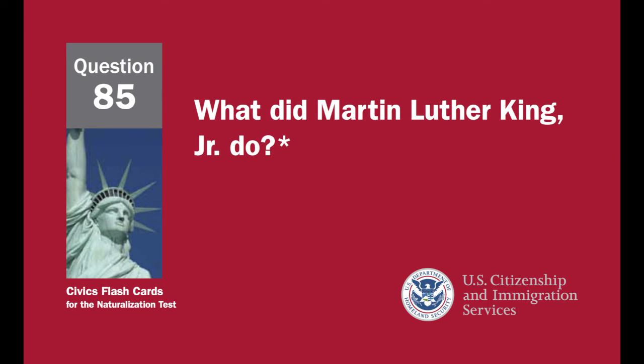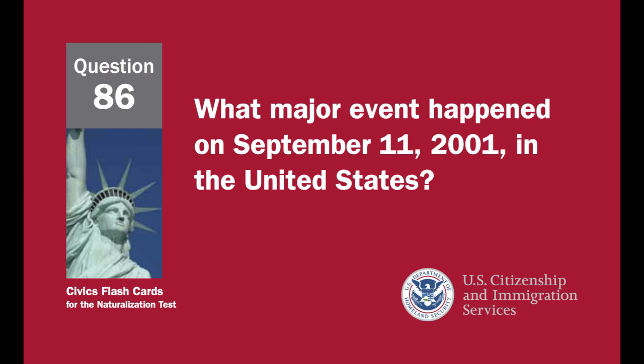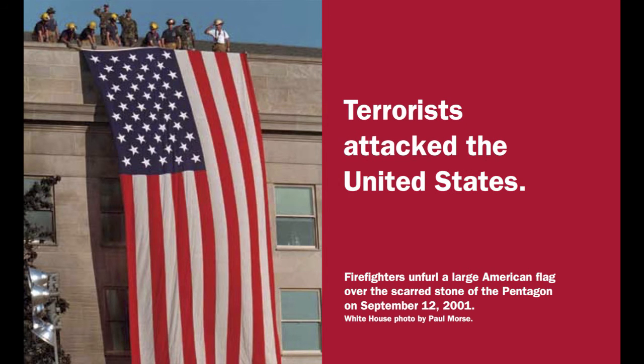What did Martin Luther King Jr. do? Fought for civil rights. Worked for equality for all Americans. What major event happened on September 11th, 2001 in the United States? Terrorists attacked the United States.